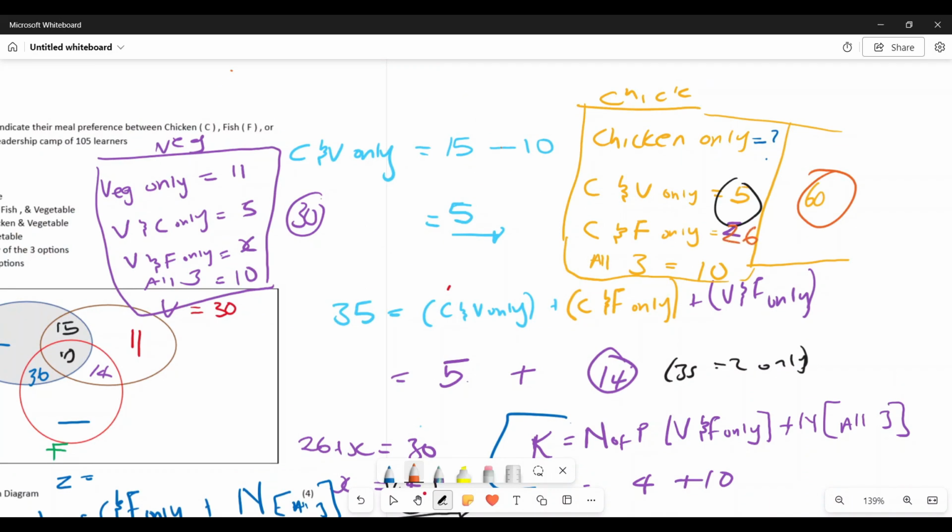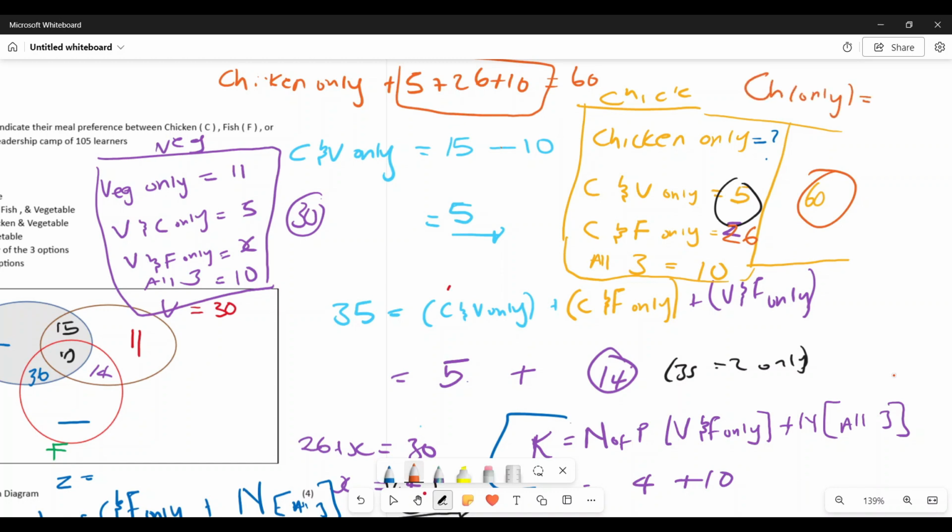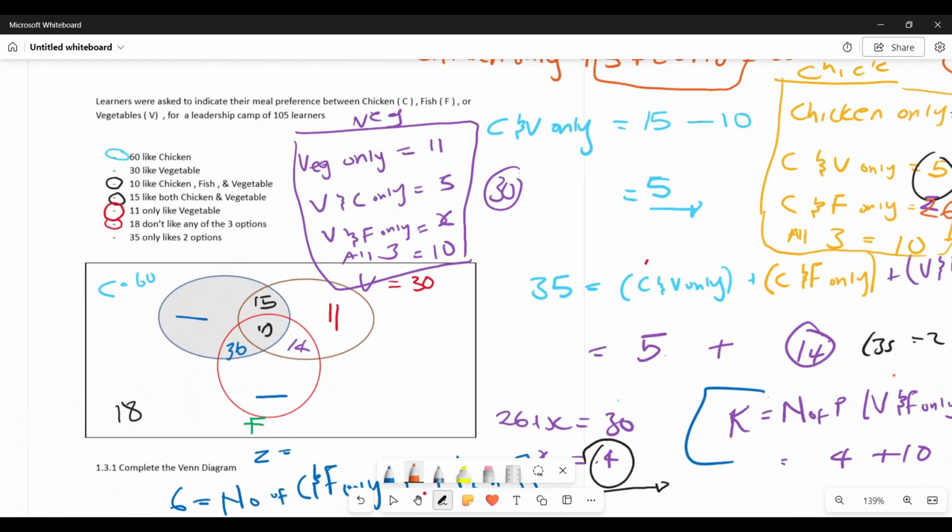So basically, chicken only plus 5 plus 26 plus 10 should be equal to 60. Now, taking all these values to the other side, we should get the number of people who prefer chicken only. So 60 minus 5 minus 26 minus 10 should be equal to 19. So 19 people prefer chicken only.